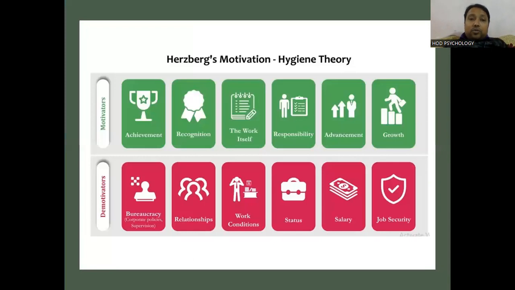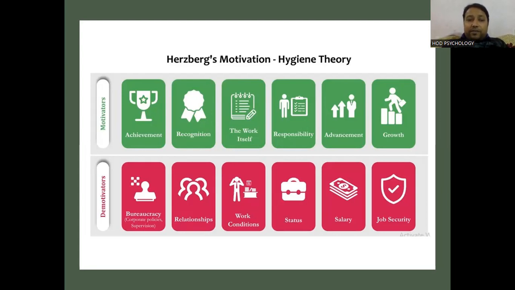Okay. So if you see this diagram, Herzberg's motivation hygiene theory is separated, meaning motivator factors are separated from the demotivator factors. If you see here, the motivation factors like achievement, recognition, the work itself, responsibility, advancement, growth, etc. These are the motivators.